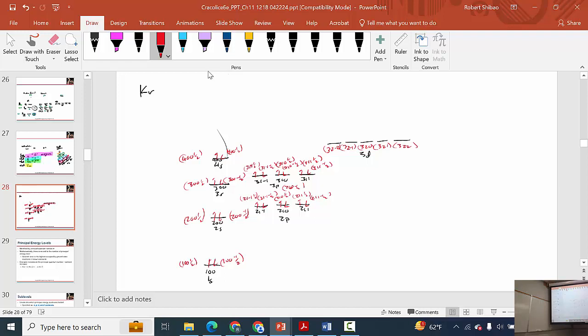And these are all filled up. So I fill these singly with parallel spin, that's Hund's rule, and then I'll pair them.